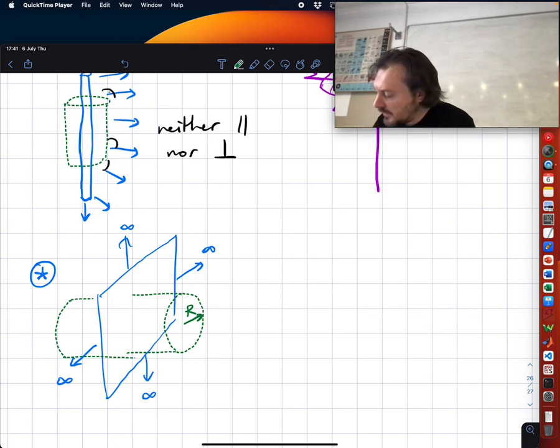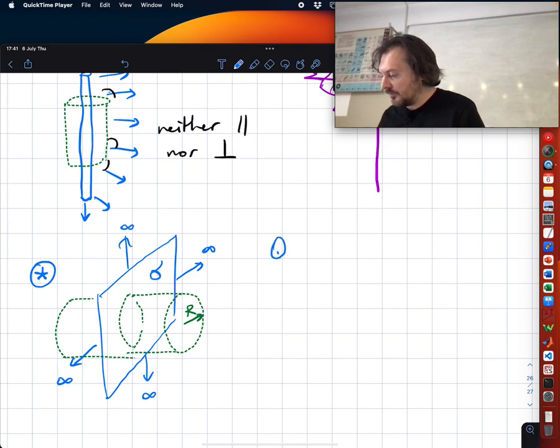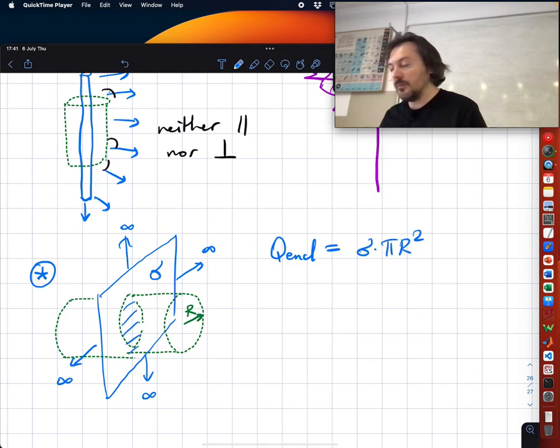So r has its projection over here, right? So if this is sigma, what is Q enclosed? Sigma A, right? So sigma times pi r squared. That's what Q enclosed is, right?